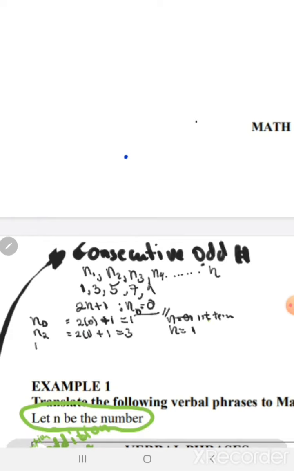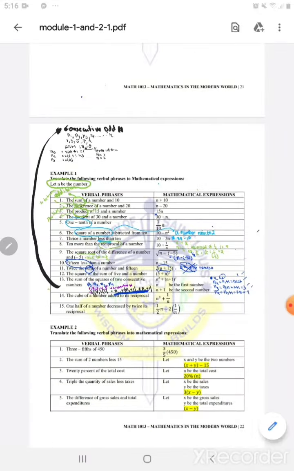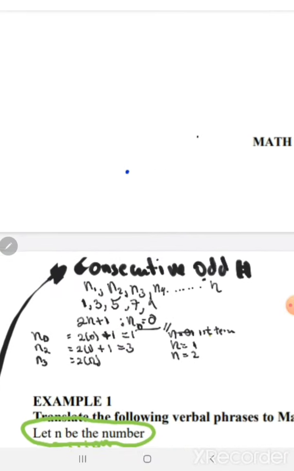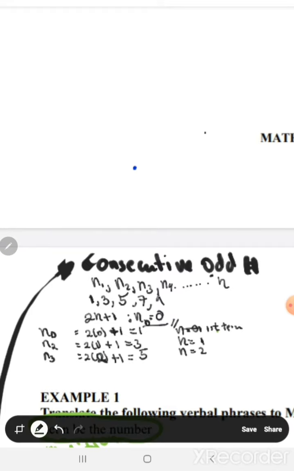And our third term is n3, wherein our n is equal to 2. So we'll have 2 multiplied by 2 plus 1 is equal to 5. This is our n3.